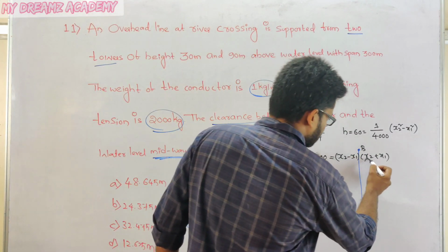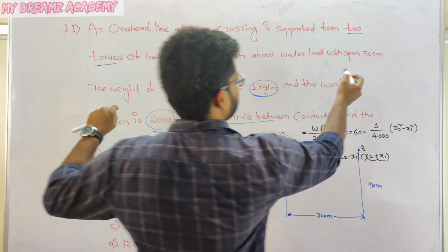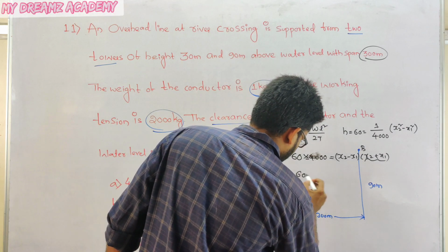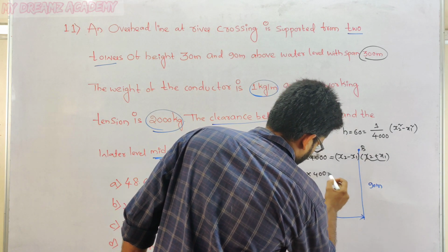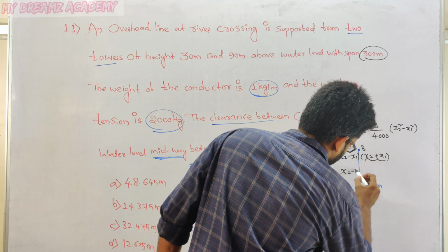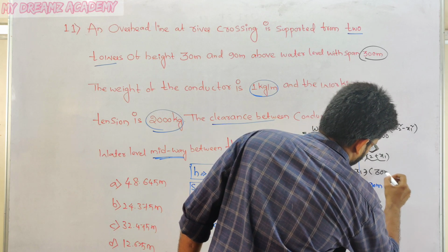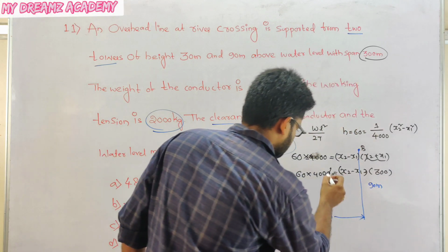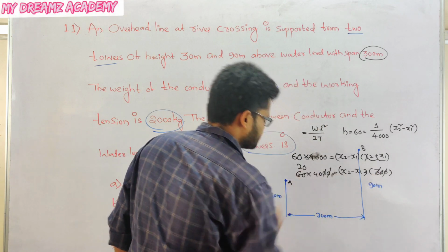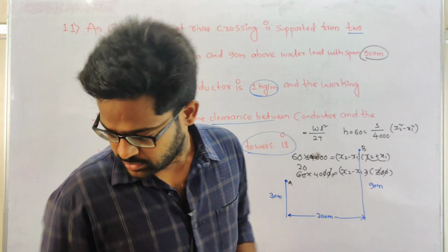Already I know the span between these two, x2 plus x1, that is 300 meters. So 60 into 4000 is equal to x2 minus x1 into 300. The zeros get cancelled, so it will give x2 minus x1 is equal to 800.